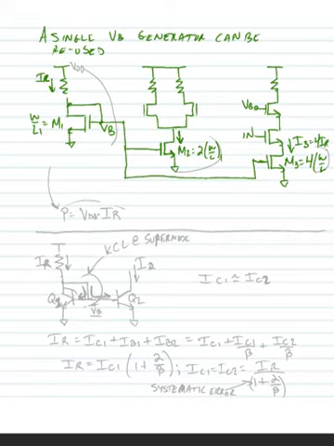Now the reason that we might do something like this is that it costs us current in order to generate this bias voltage, and of course we know that power is equal to voltage times current. So in this case our power is coming from VDD. We have a reference current IR. So we have a power cost in order to generate this bias voltage.